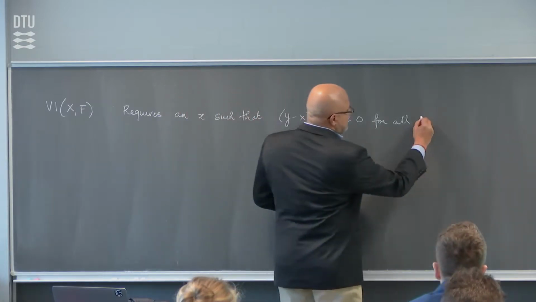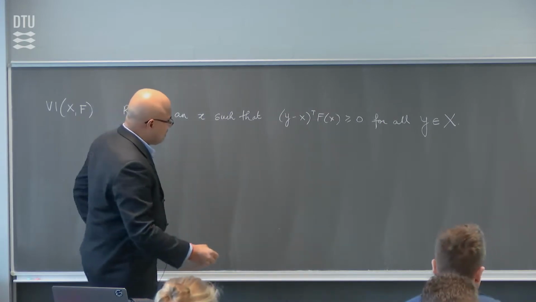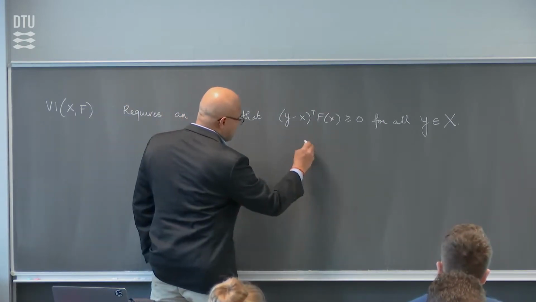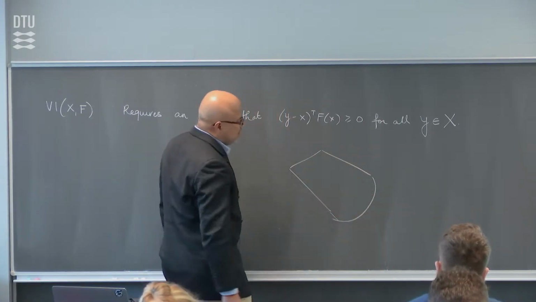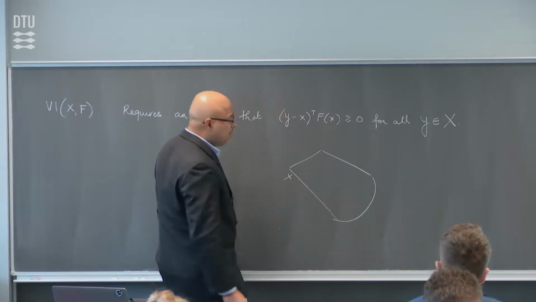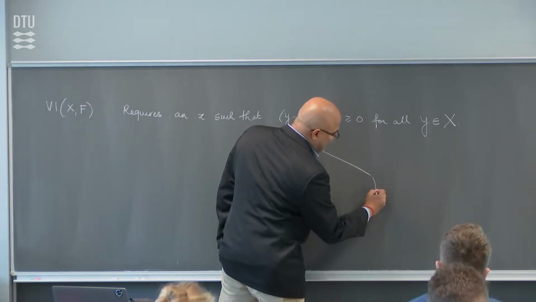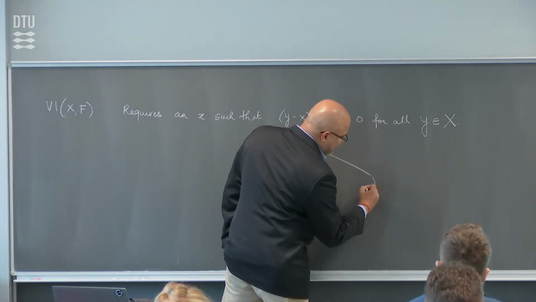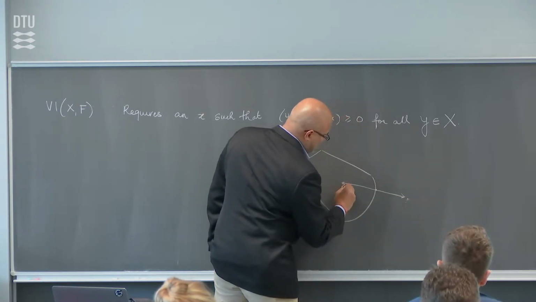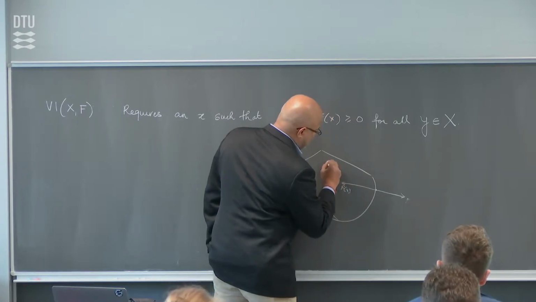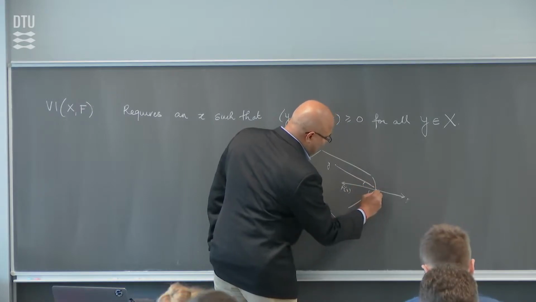is non-negative for all Y in X. And just to make sure you understand what this looks like, suppose I gave you a closed and convex set, this set X. I'm interested in a vector X such that, at this point, with F of X and negative F of X drawn, and any Y in the set, all angles are acute.